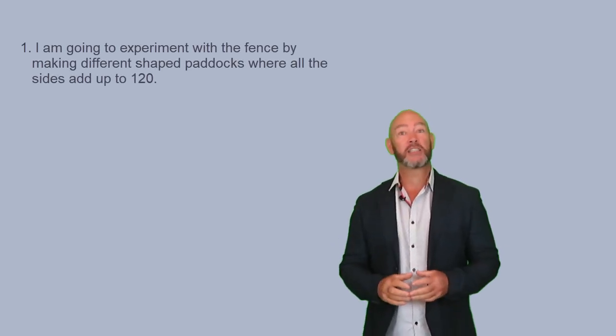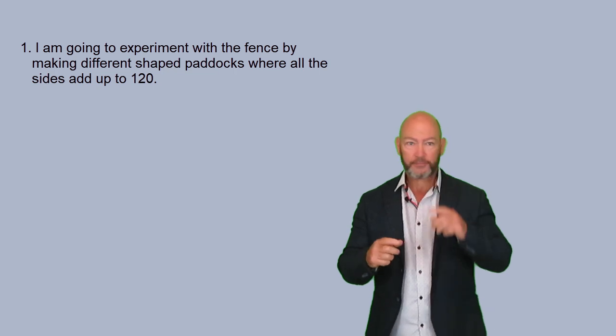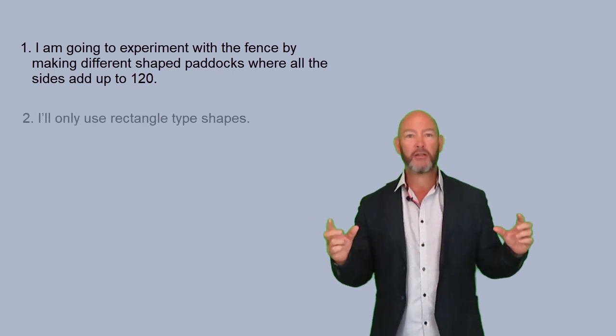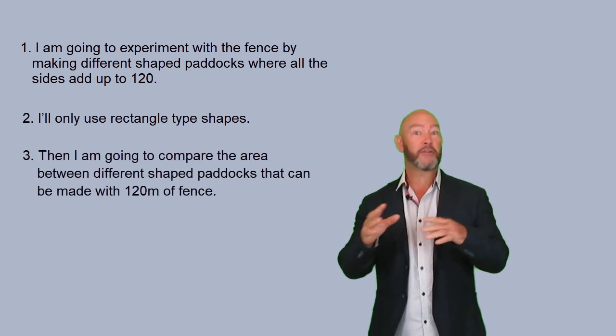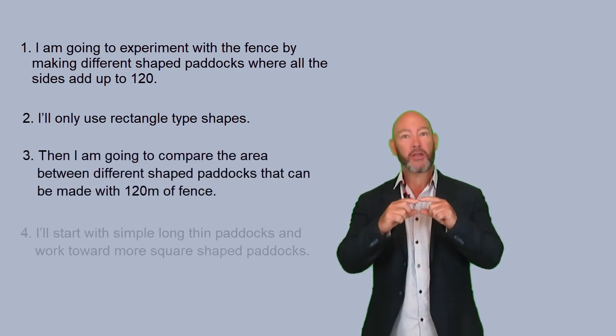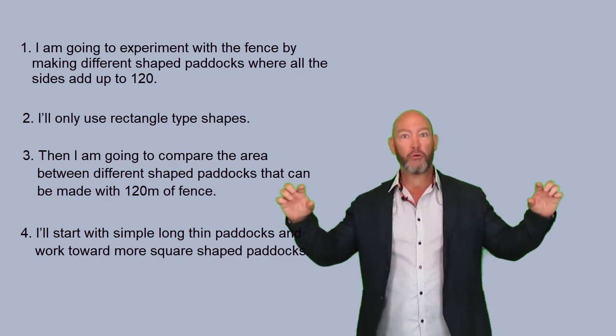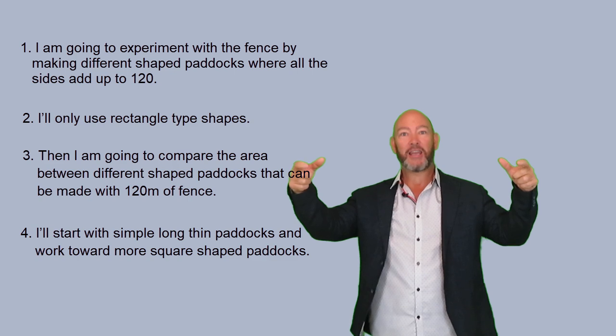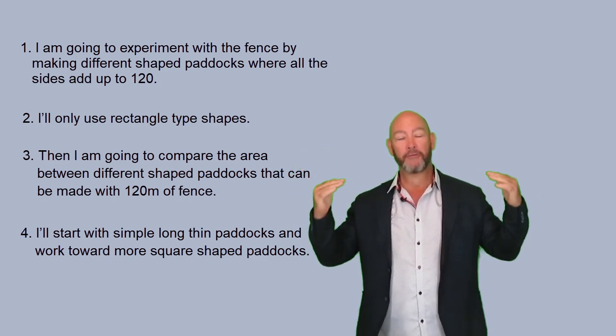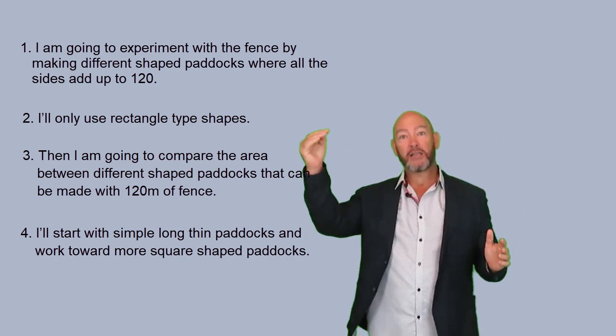So my plan is going to be this. Number one, I'm going to start experimenting with different shapes. I'm going to start with rectangles to keep it really simple, and compare the differences between them. First, I'm going to make a long, thin rectangle with a perimeter of 120 metres, and then slowly make it fatter and fatter until I can see a pattern.